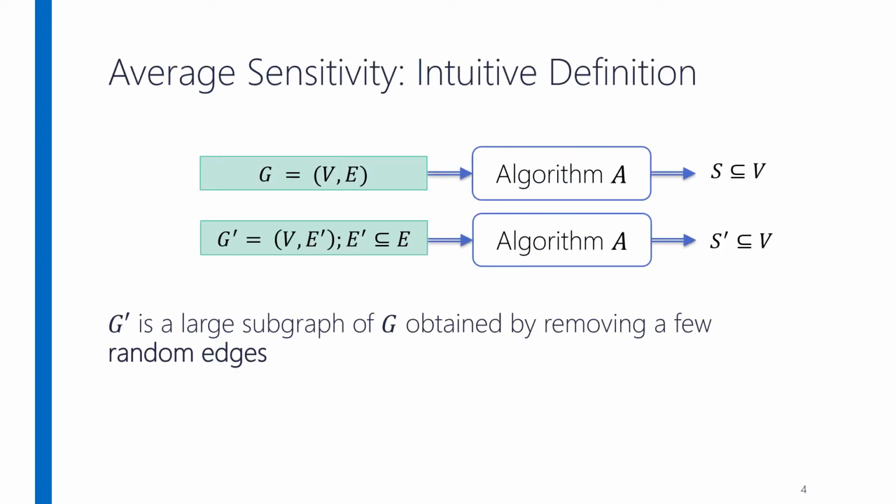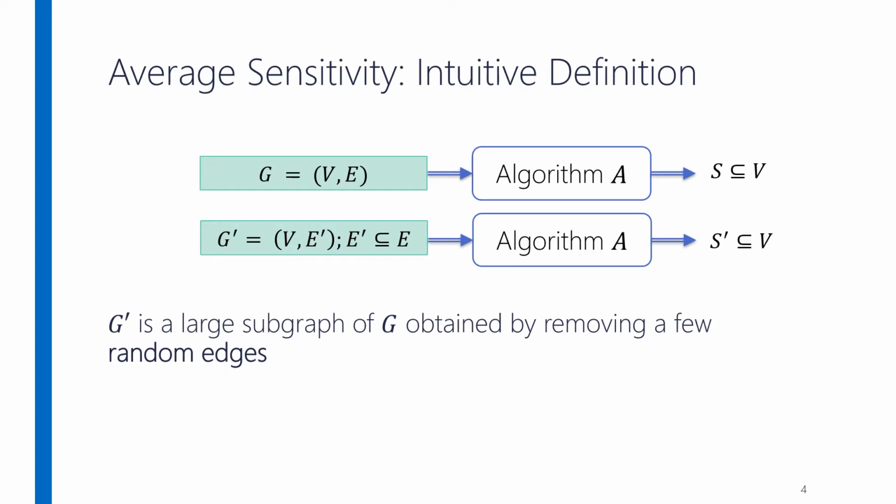Intuitively, average sensitivity of an algorithm A is the difference between its outputs on two nearby graphs. We think of outputs of algorithms as subsets of edges or vertices. Given a graph G and an algorithm A, we measure the sensitivity of A on G as the difference between outputs of A on G and on a related graph G prime.